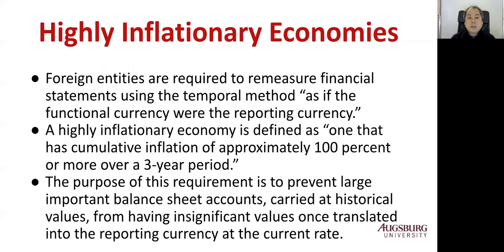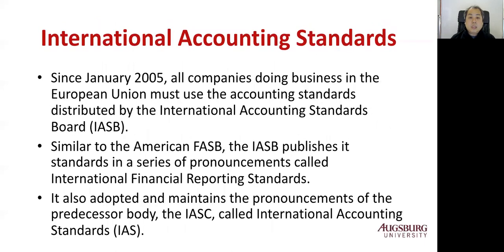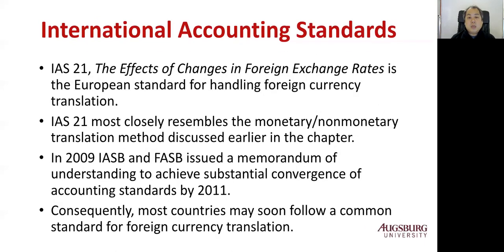For a highly inflationary economy, you can use the temporal method, but there are some conditions. International accounting standards so far require the monetary and non-monetary translation method. Eventually they will converge, so we may be able to see a common method in the near future.